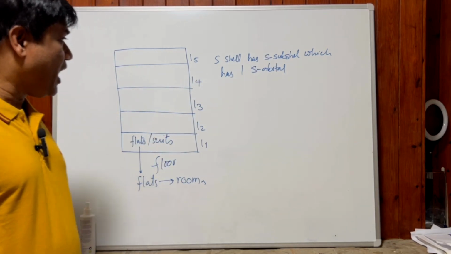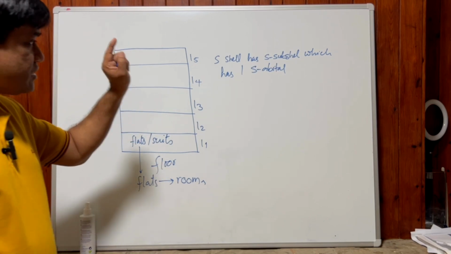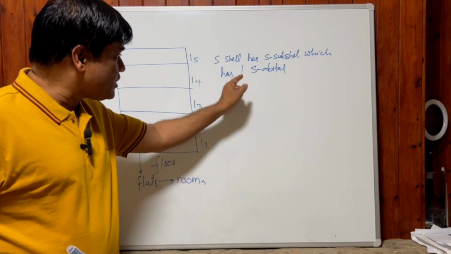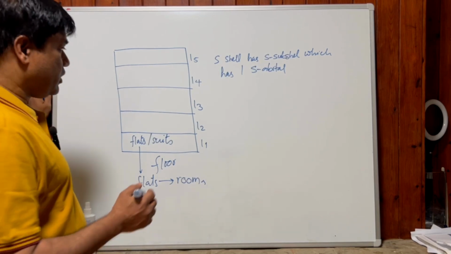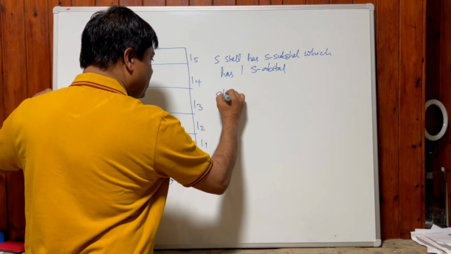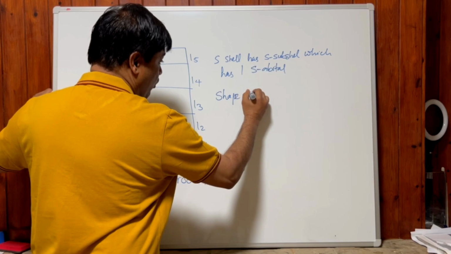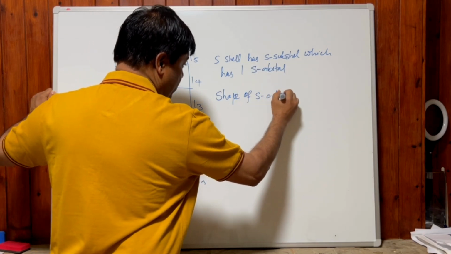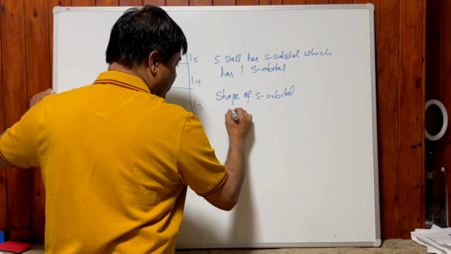Just 1 room. S shell has S subshell, which has 1 S orbital. Shape of the S orbital: spherical.